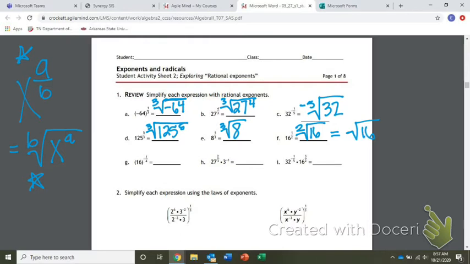So let me point out, this is important to know. Anytime something is raised to the 1/2 power, that's a quick thing you need to know. Oh, that's the square root. That's just a quick thing you can know. It'll save you time. Put that in your head. Anything raised to the 1/2 power is the square root. All right.